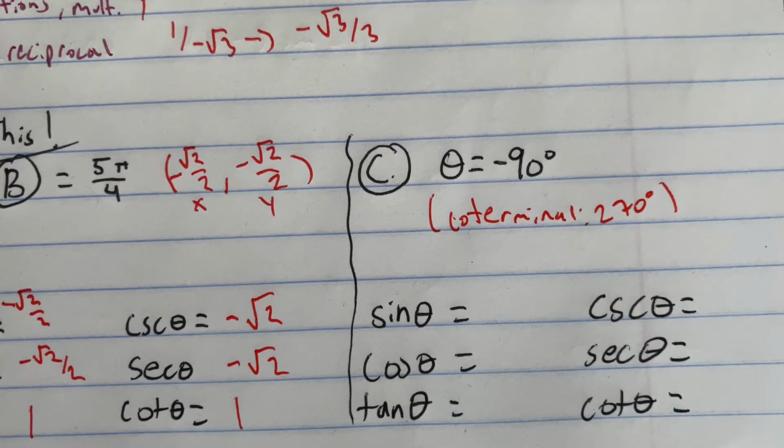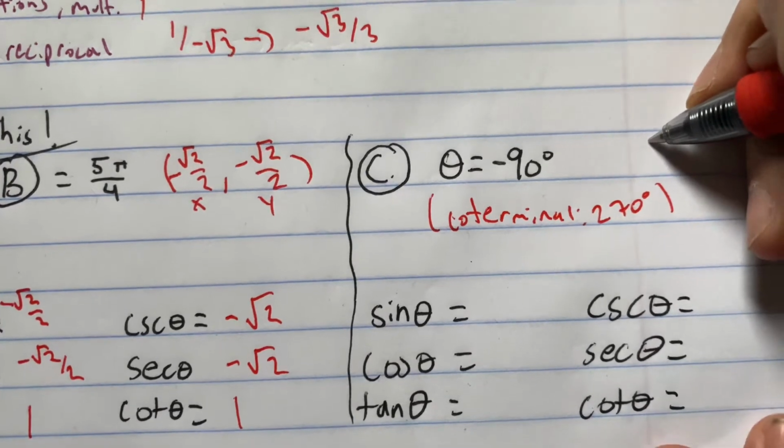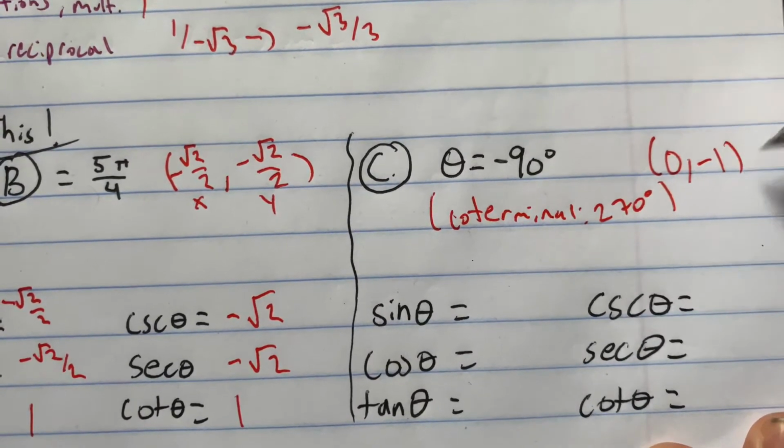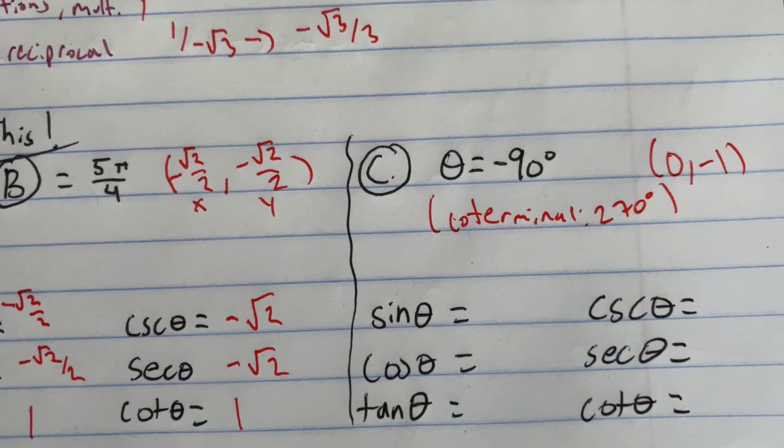And we know in the unit circle, that would be 0 and negative 1. So now that we got that, we know our R value is always going to be 1. Actually, we don't really need that for this one, because this is 90, 180, 270, so we don't need an R value for this one, per se.